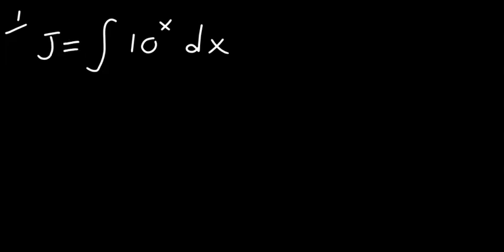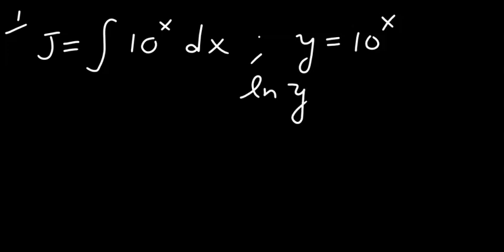How do we integrate that function, 10 to the power x? The first step is to turn that 10 to the power x and write it in the form of an exponential function. So let's assume y is 10 to the power x. Let's take the natural log of both sides. So the left hand side is natural log of y.